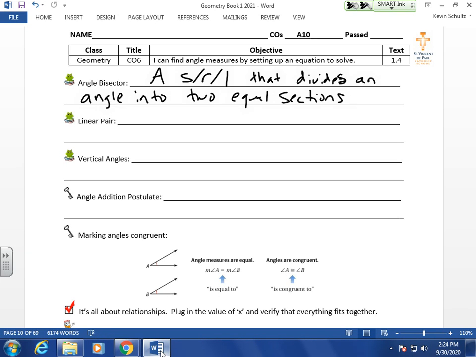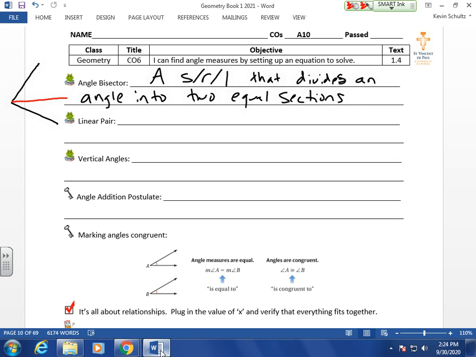So if we had an angle that looks like this, our angle bisector would come from the vertex and come straight out so that it divides the angle into two congruent or two equal sections.